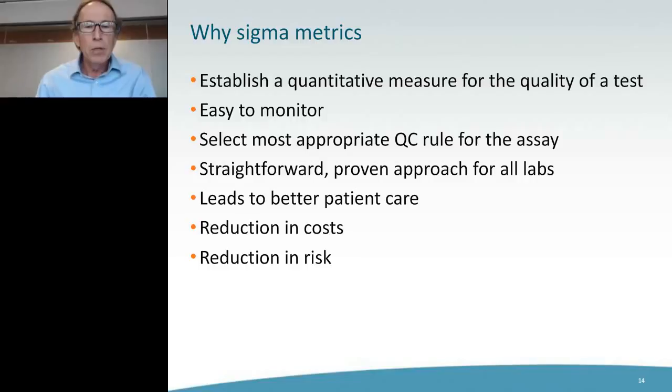It's been used in many different areas, from clinical chemistries to serology, and it's a very straightforward approach. It's very well proven in many types of laboratories. And ultimately, like we said earlier, the goal of any QC program is better patient care, and with fewer failures, reduction in cost, and reduction in risk.